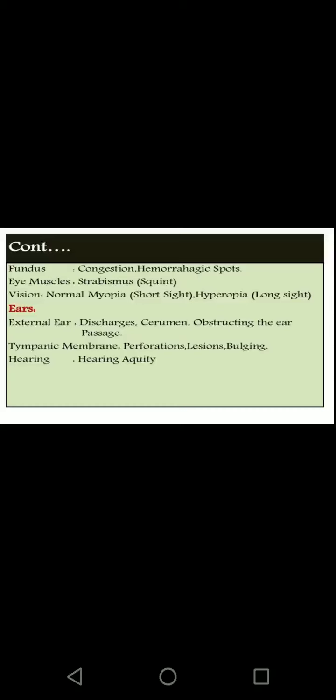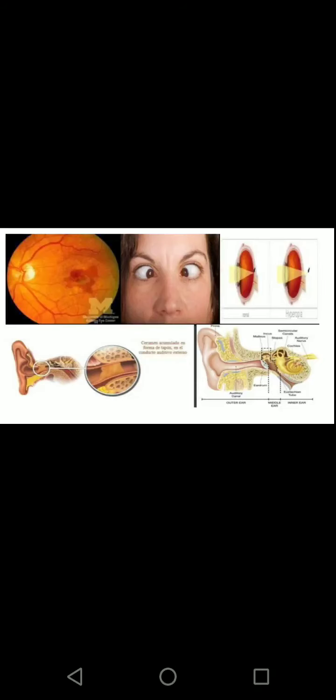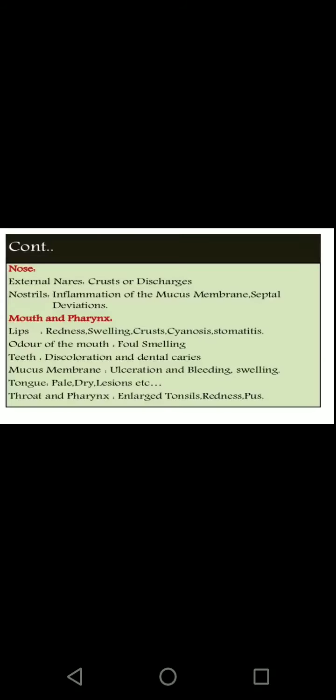Then in Weber's test, we strike the tuning fork and place it over the head, in the midline of the head, and the sound heard by the patient is equally distributed bilaterally. So these two tests are conducted for hearing acuity. Then nose.